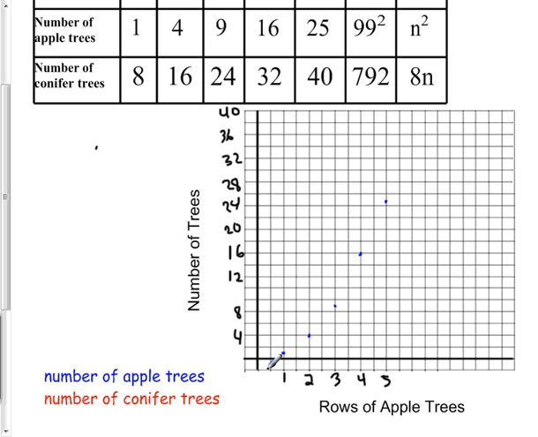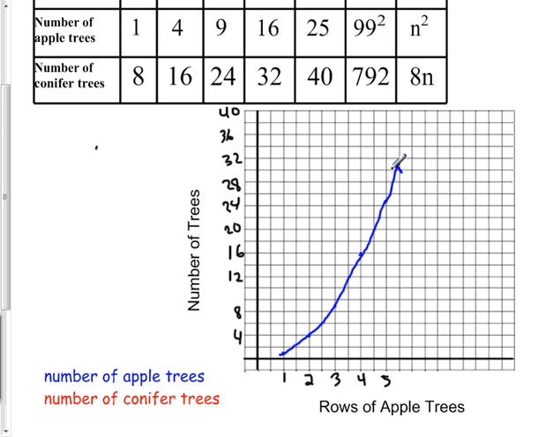So we're going to connect these. And, you know, it doesn't make sense. So here's one thing we need to talk about. This is a finite set of data. And what that means is 1.5 doesn't make sense. You're not going to have 1.5 rows of apple trees. However, I want to connect these just to see the relationship between these dots and to show you that it's not really a straight line.